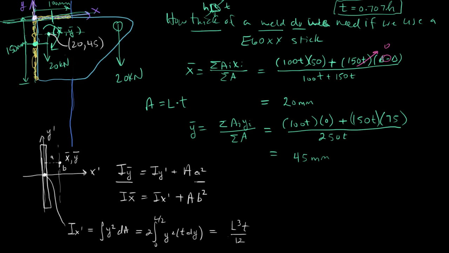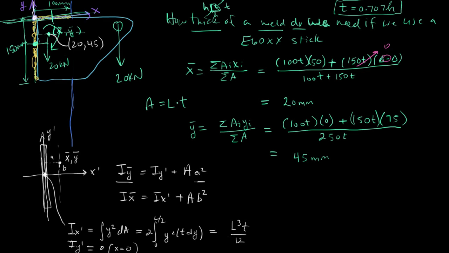In this case, the Iy hat is just 0 because the x distance is 0 for that case, because it's sitting here on the axis.